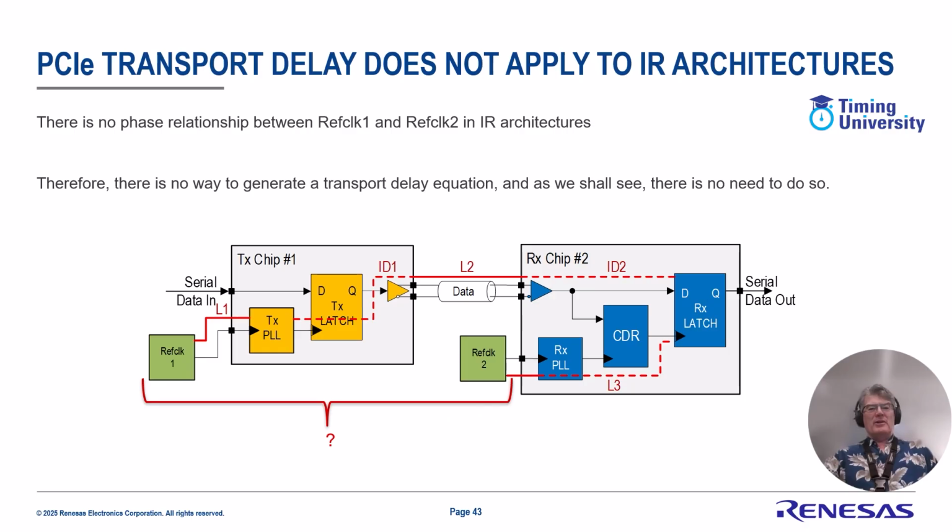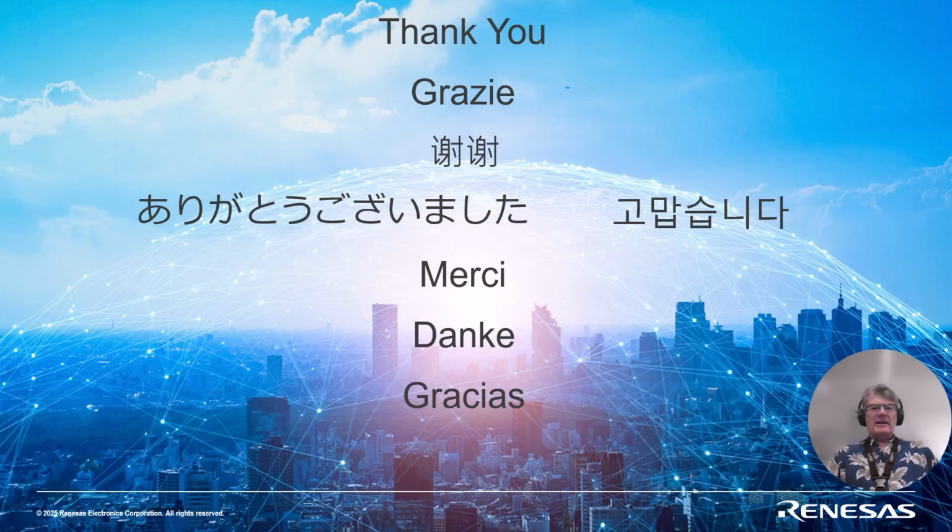So there's no way to generate the equation, and from the transport model, the jitter transfer model that is derived for IR architectures, there's no need for it. So just keep in mind, transport delay is a function of common clocked architectures and does not apply to IR clocked architectures.